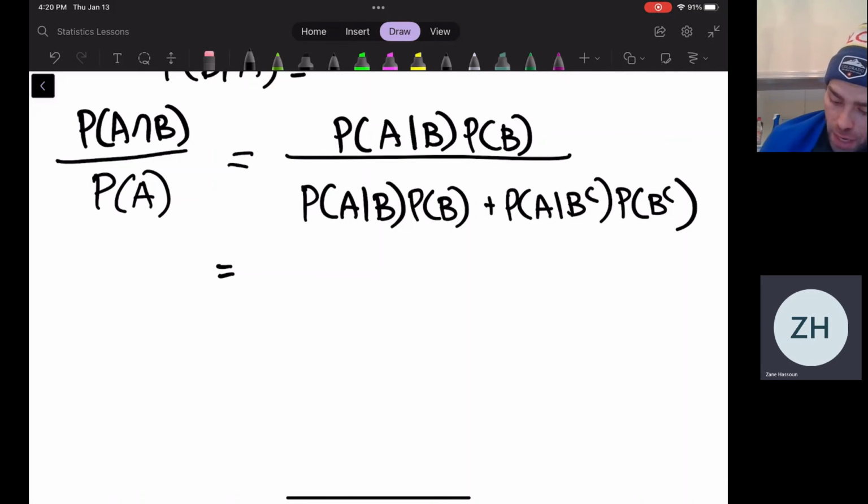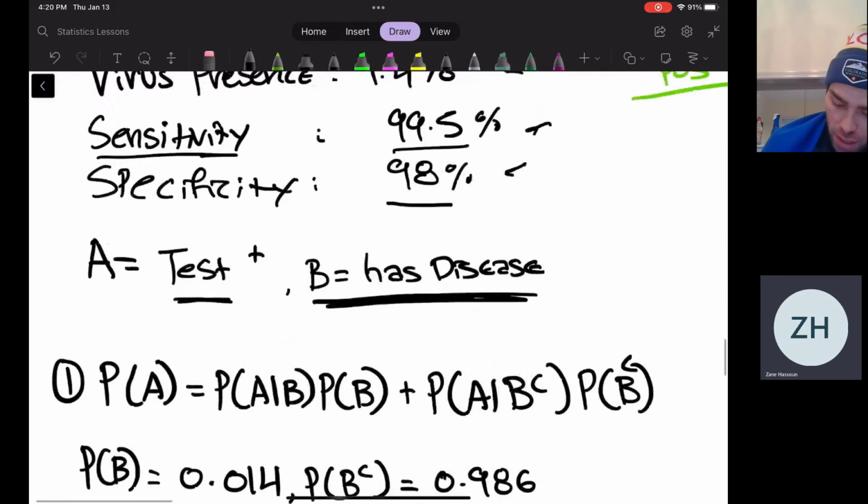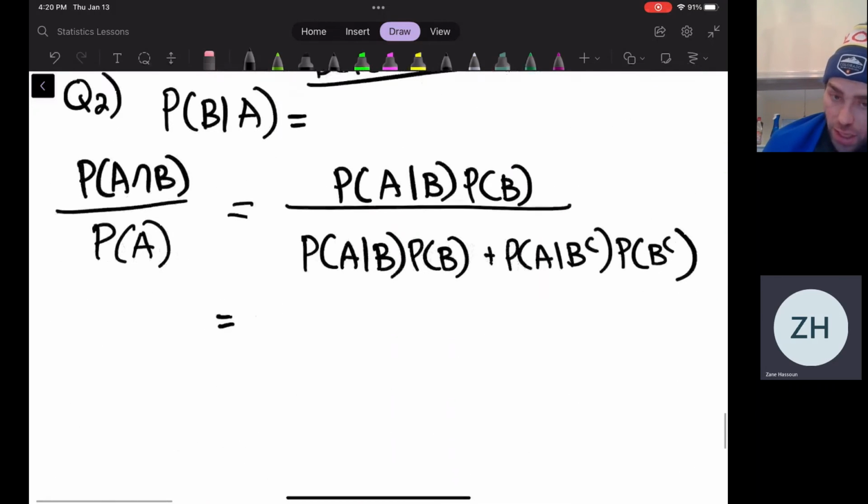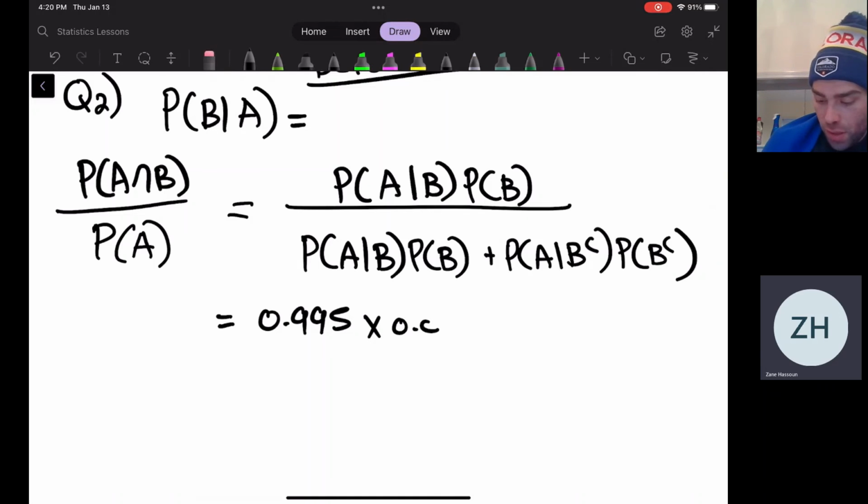So we have A given B again is the sensitivity of our test. So 0.995 times 0.014.